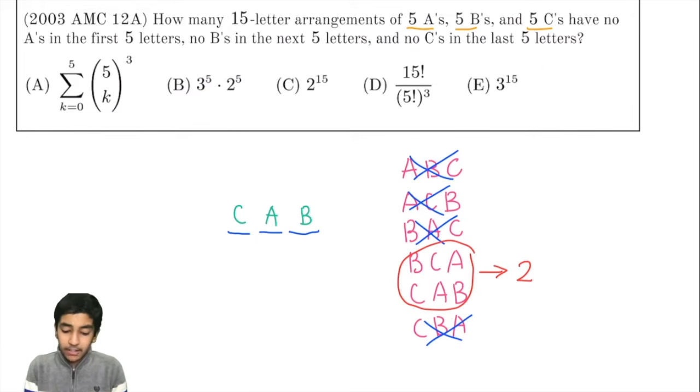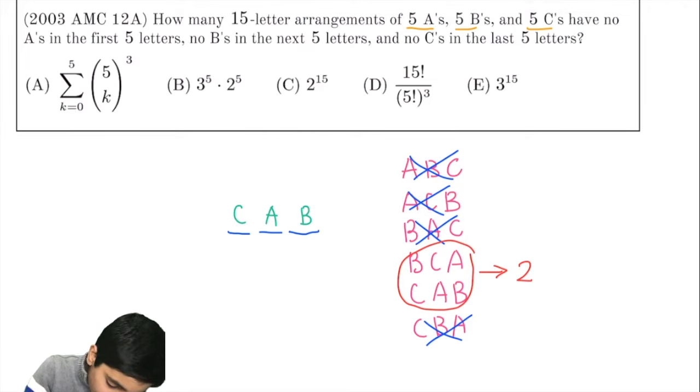Now looking back at our answer choices, we have these long expressions in terms of 15 and 5. In order to find the corresponding values, instead of 15 total letters and 5 of each kind, let's make it 3 total letters and 1 of each kind. So replace all the 5s with 1, and replace all the 15s with 3, since now there are only 3 total letters.